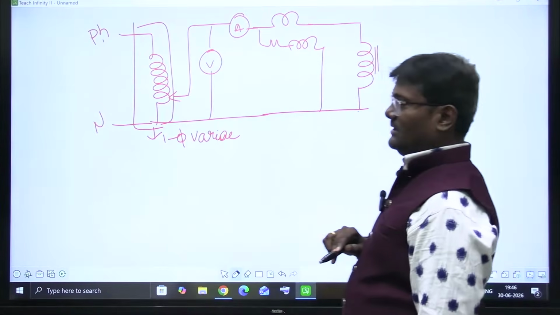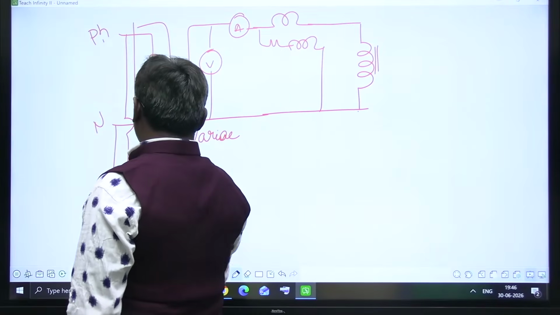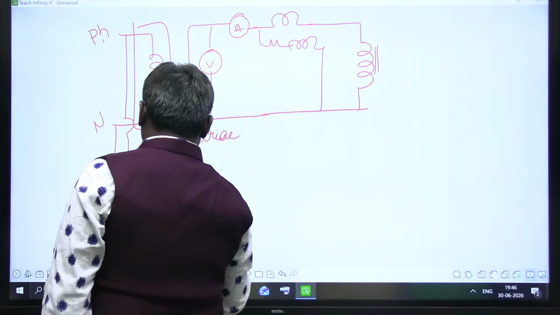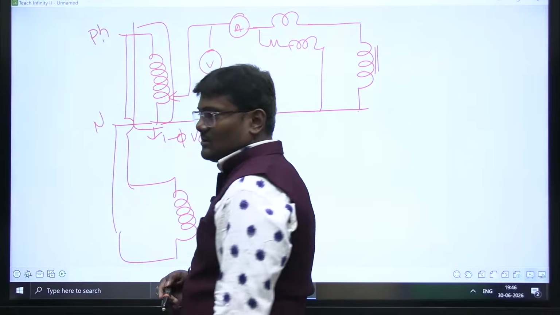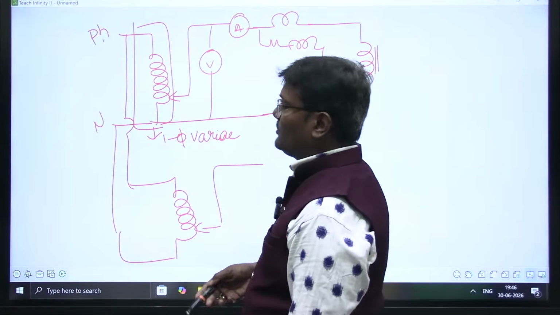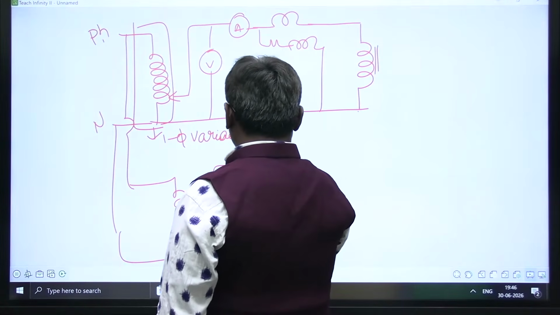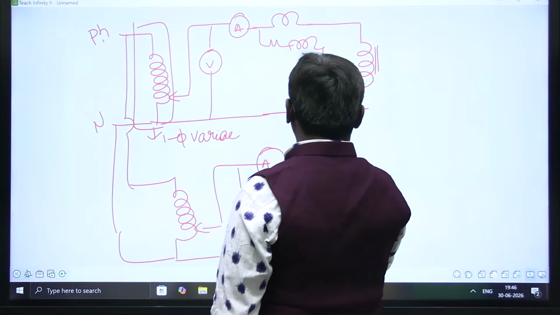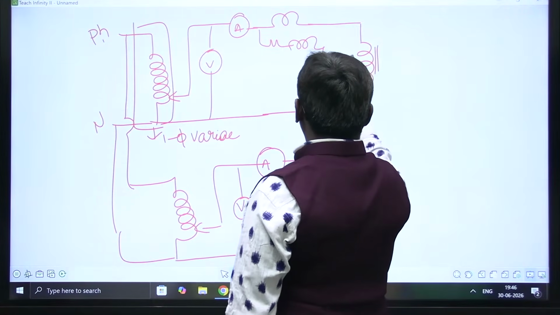One more booster transformer, also called an auto transformer or single phase variac, means variable AC supply. You will get a voltmeter and ammeter.